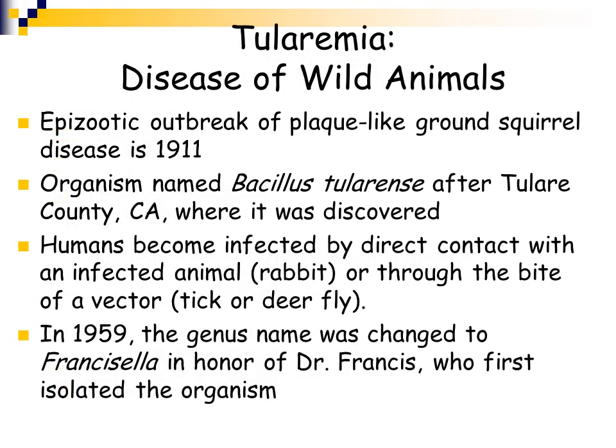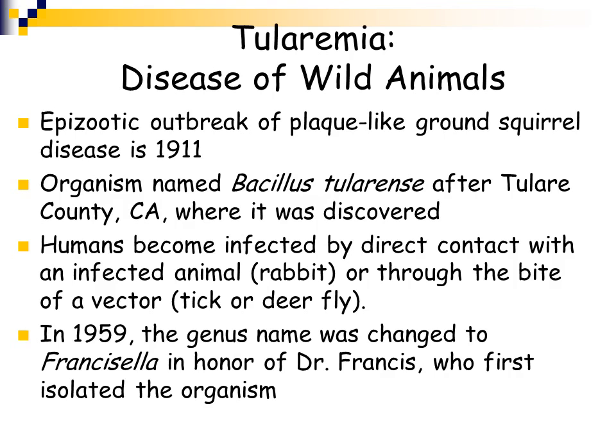So tularemia is more commonly a disease of wild animals. In 1911, there was an epizootic outbreak of a plague-like illness in ground squirrels. The organism at that time was called Bacillus tularensis, and was called tularensis after Tulare County, California, where the organism was discovered.